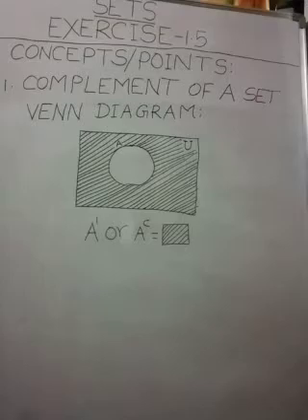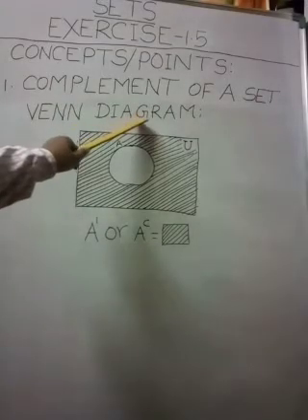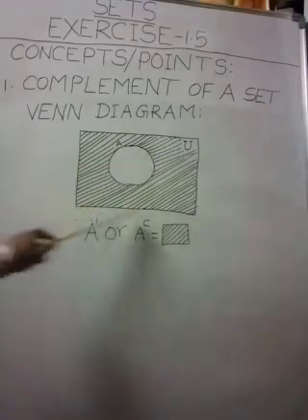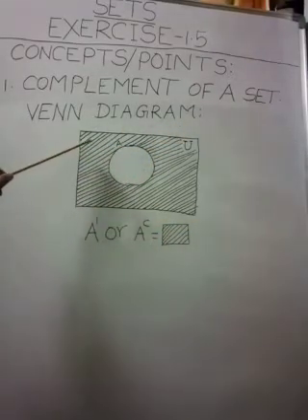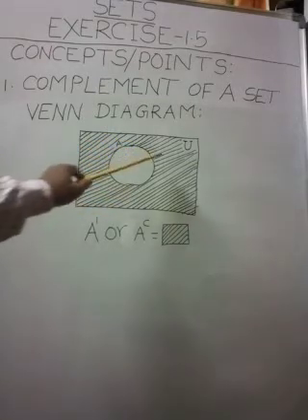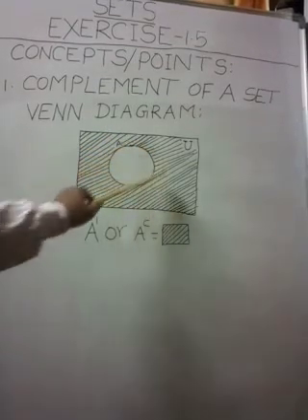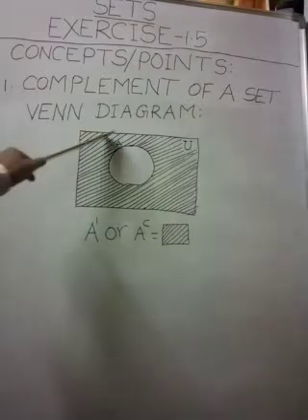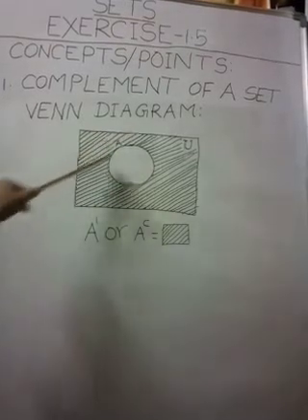Now come to the Venn diagram of the complement of a set. See here, this is the universal set. We have drawn a rectangle to denote the universal set, and its subset A is denoted by this circle. Then the complement of set A is shaded by these slant lines.